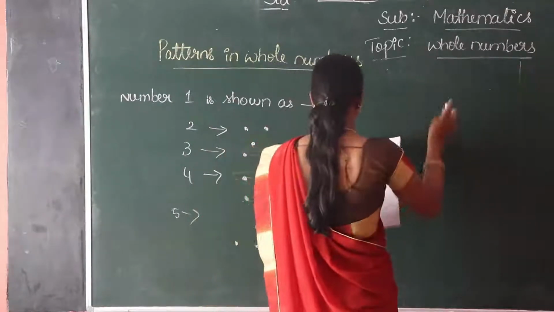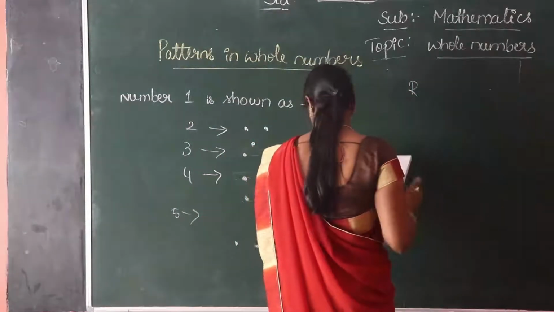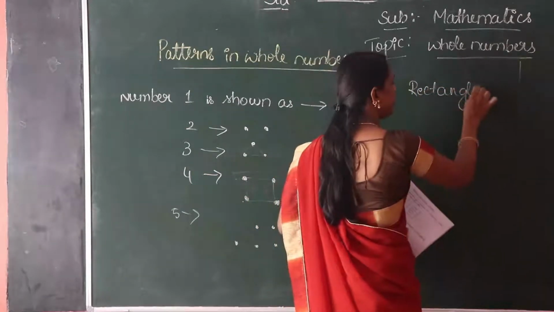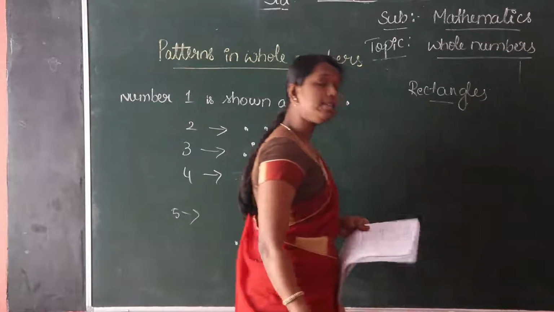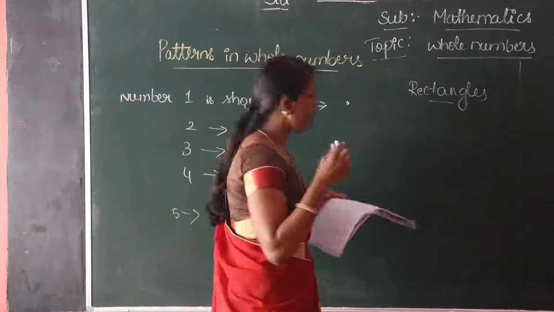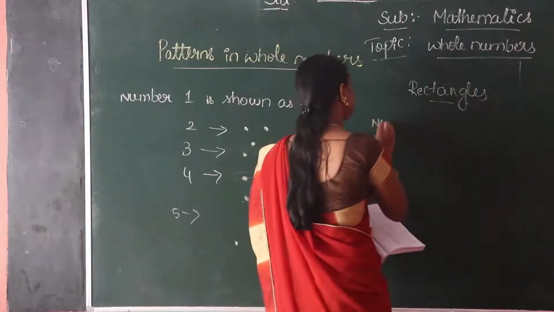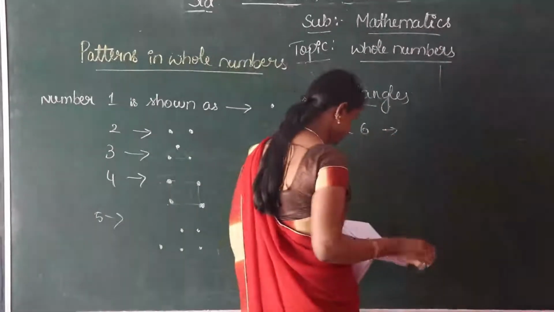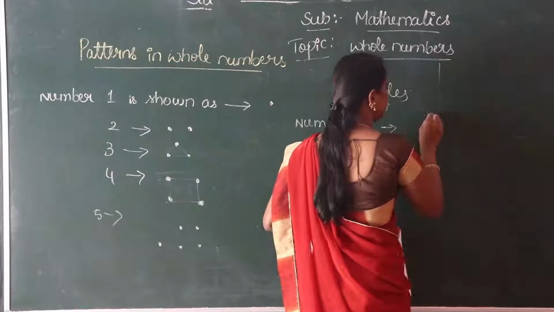Arrangement of numbers in the form of rectangles. Which numbers can be written in the form of a rectangle? For example, number 6. Number 6 can be written in the form of a rectangle.